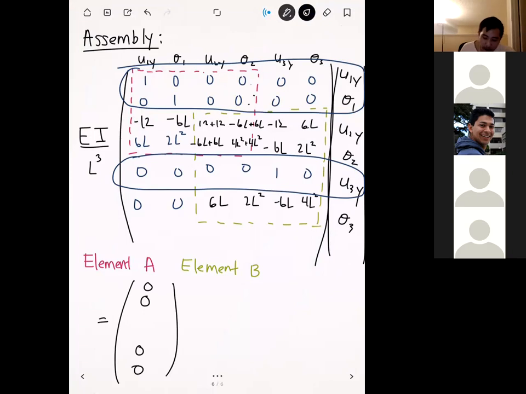And then for the row that corresponds to u2y, since we have a force of negative P, we're going to put a negative P right here. And then for theta 2, we're applying a moment on that node. And so on that row, we're going to put an M right there.